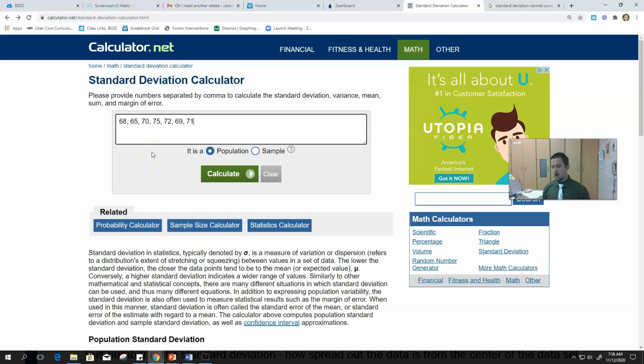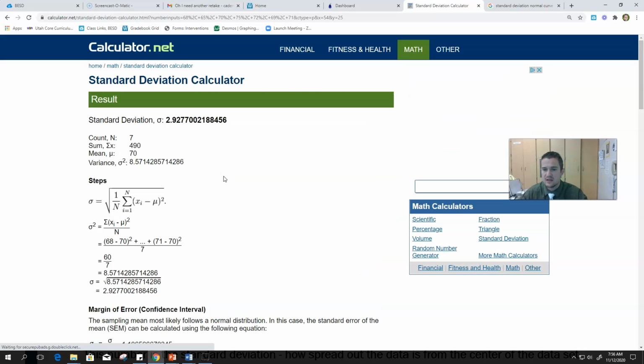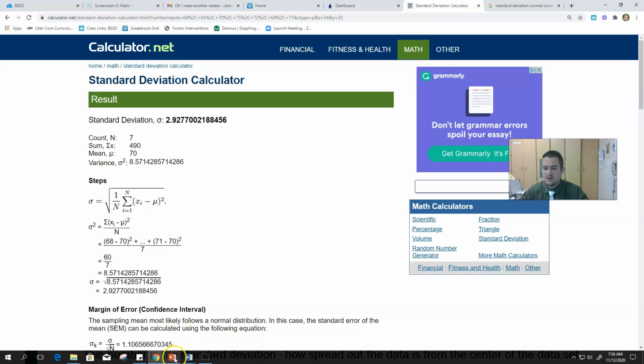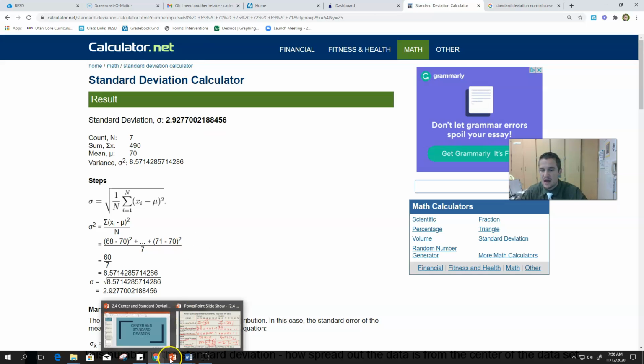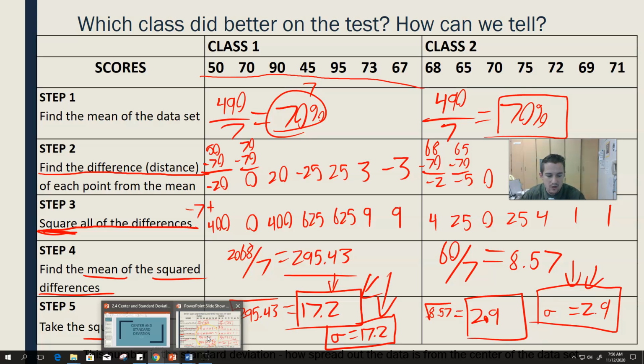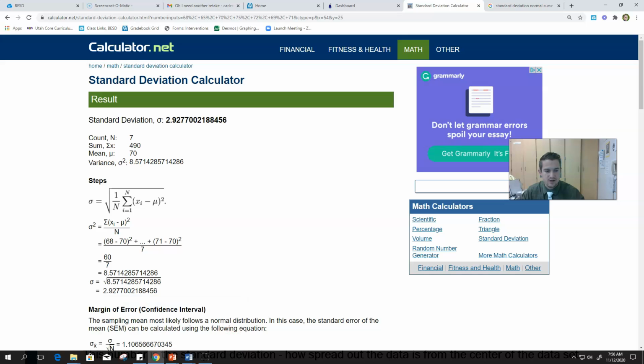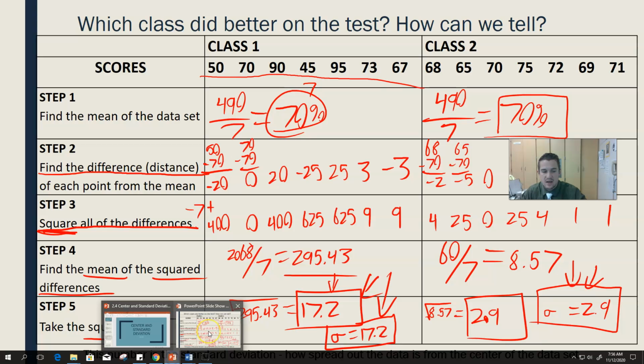I typed in all those numbers, separated by a comma, and make sure this little population button is selected. And I'm going to click calculate. The standard deviation is 2.9. And if we go back in here, my standard deviation of that set was indeed 2.9. See that?